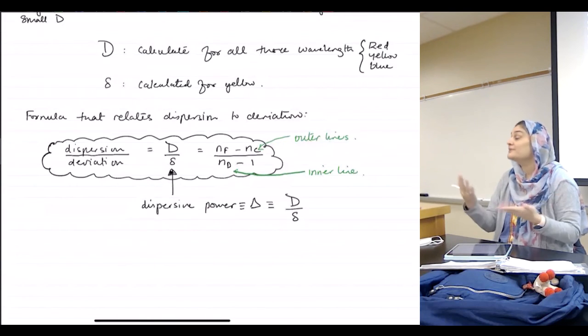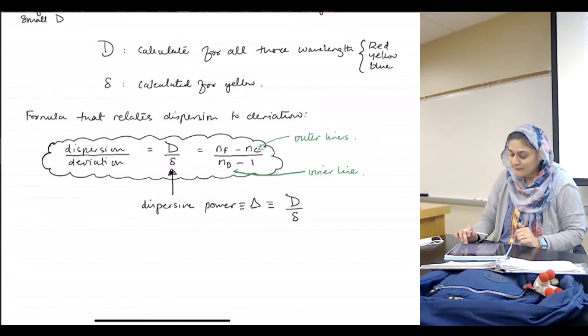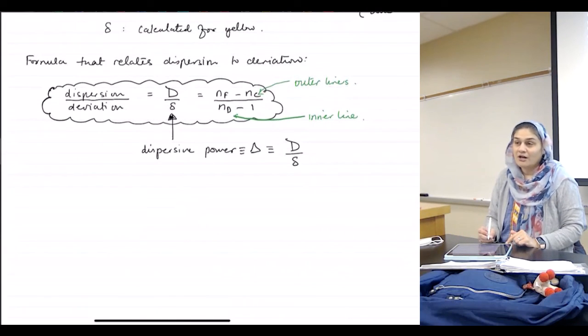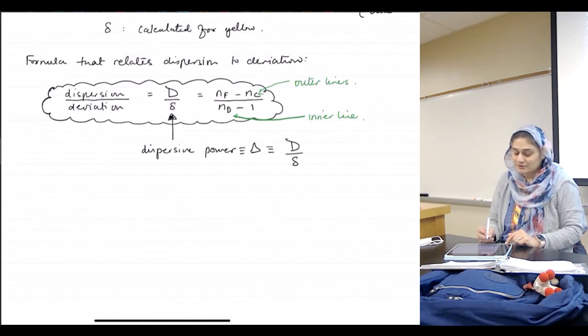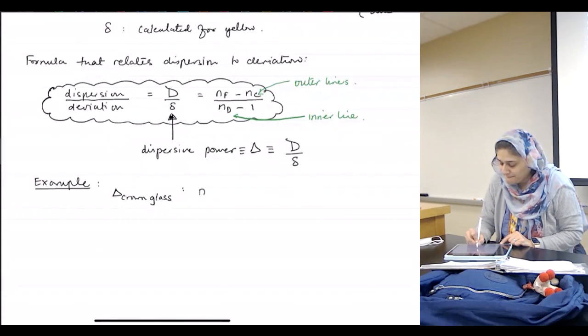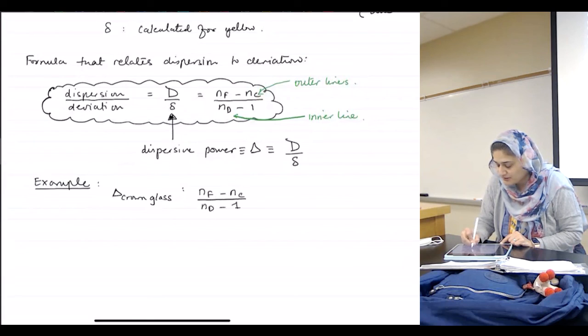So say a question asks you to find the dispersive power of, say, a crown glass, what are you going to do? So you're going to write, for example, delta for a crown glass, NF minus NC divided by ND minus 1.